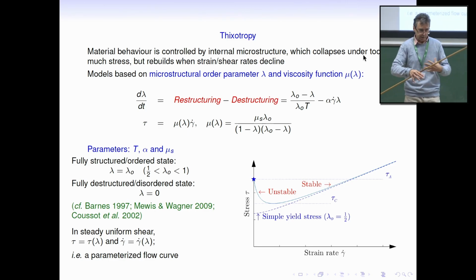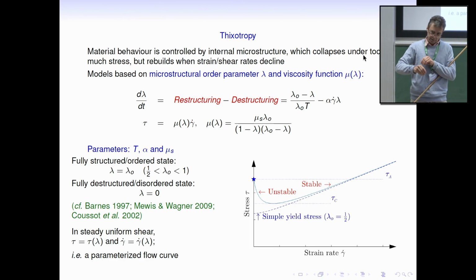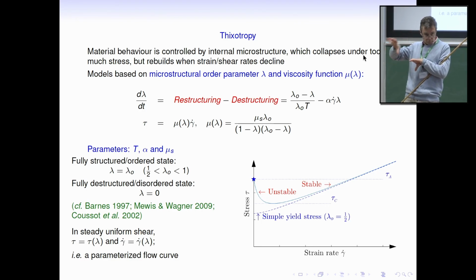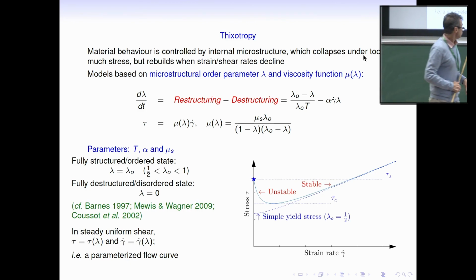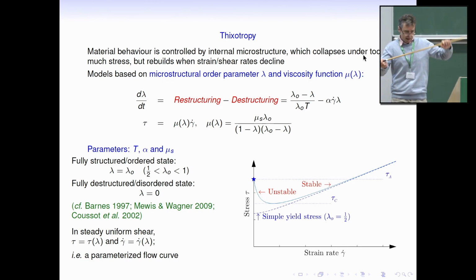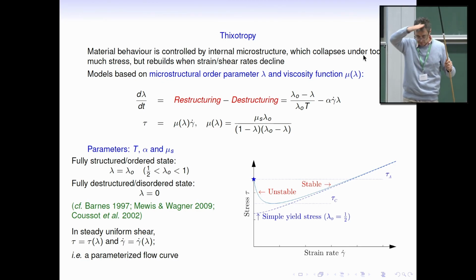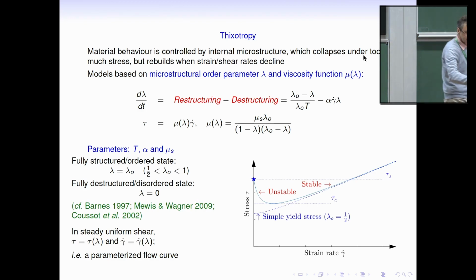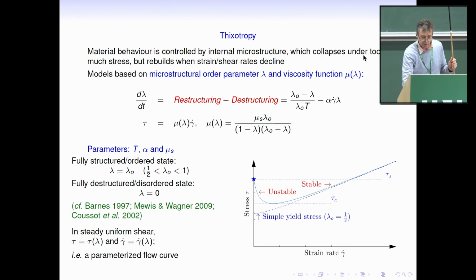So the thing's naturally going to divide up into a bottom layer where it starts to move and destructures, and then a top layer where it's still fully structured and plug-like. In between, there's going to be a division that separates the two layers, and that will act like a material surface.